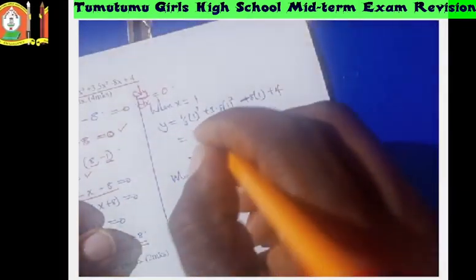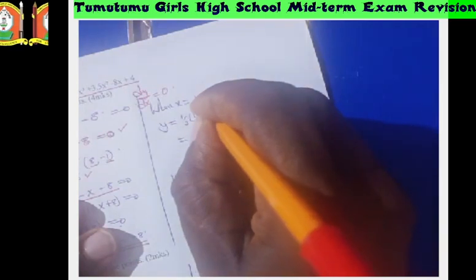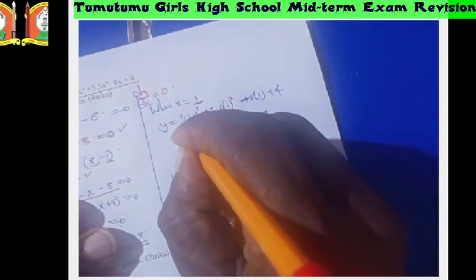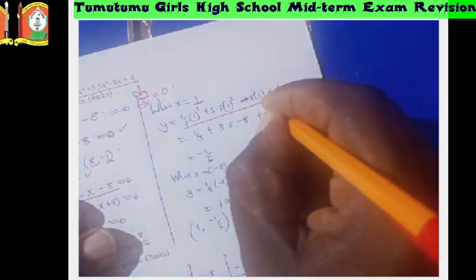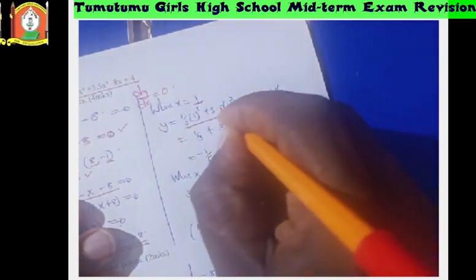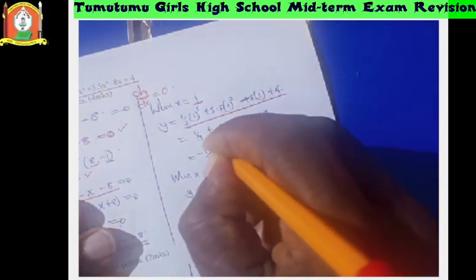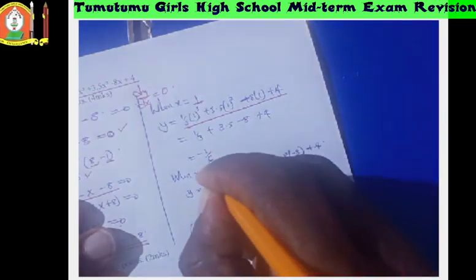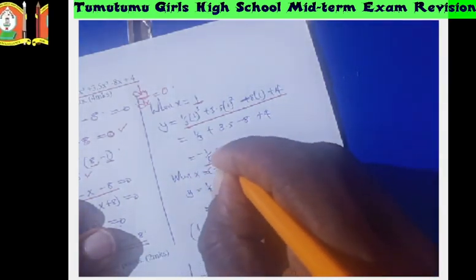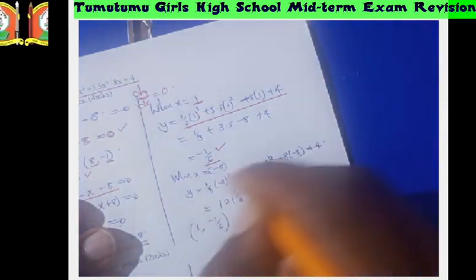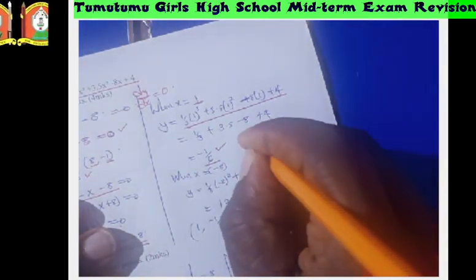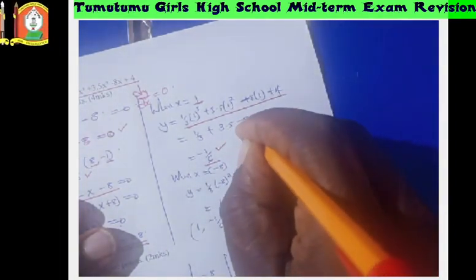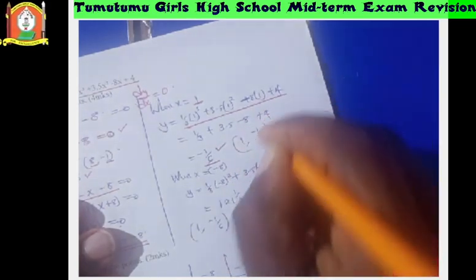When x is equal to 1, we substitute in the function to get the value of y. This now gives us the point (1, negative 1/6).